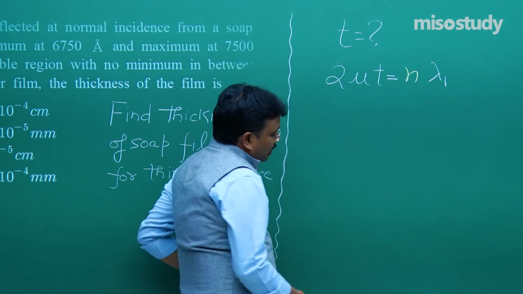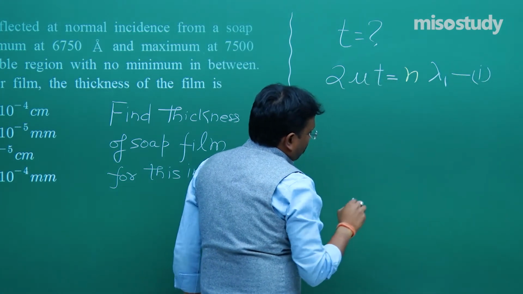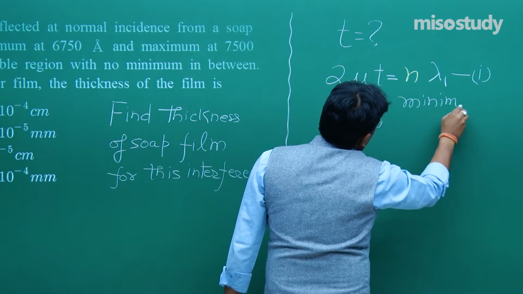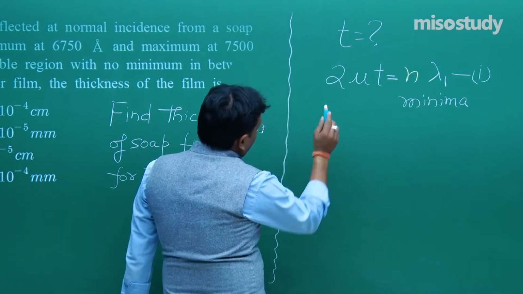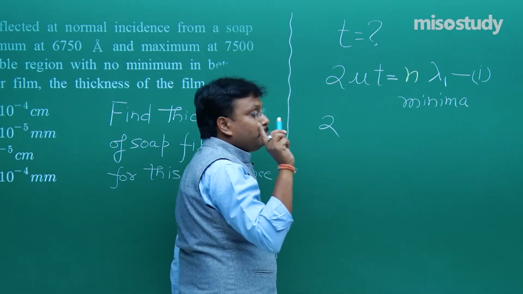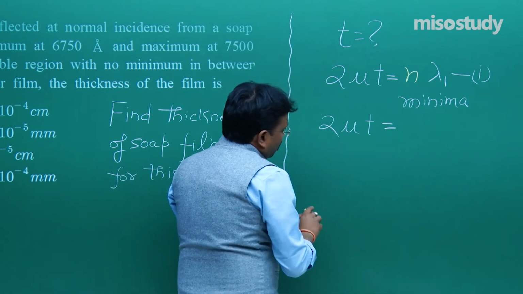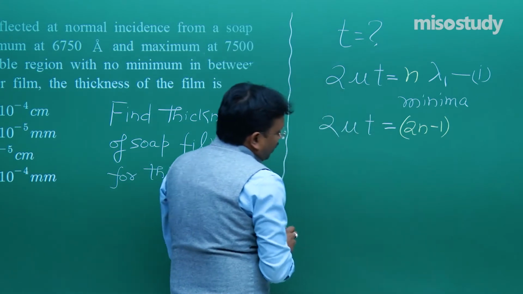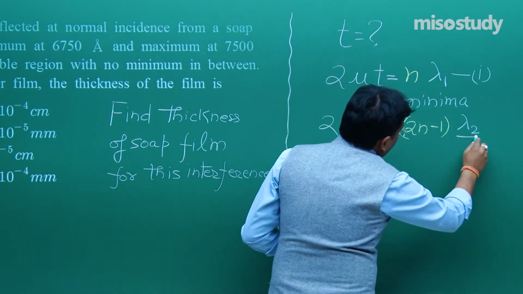Now, let us say this is equation number 1 and it is representing minima. Now, similarly, twice mu T is equal to 2n minus 1 lambda 2 by 2.